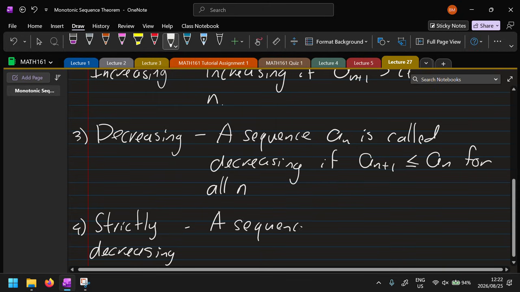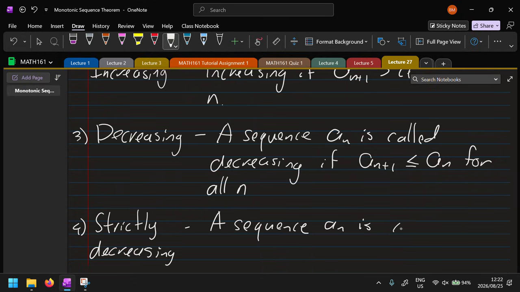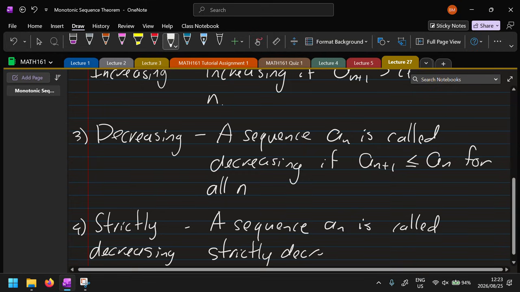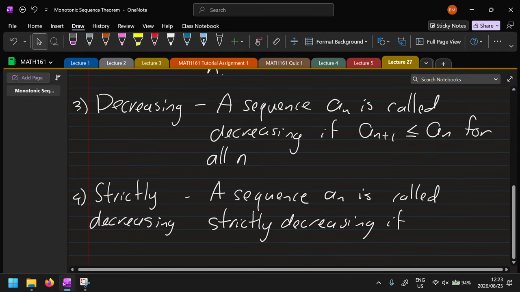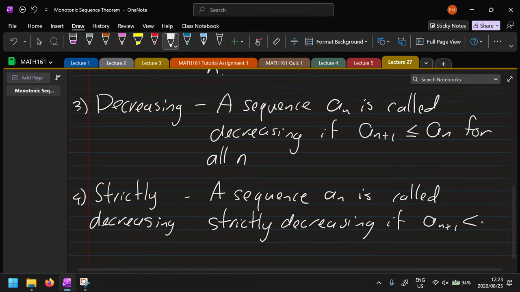A sequence a_n is called strictly decreasing if, very similar to the other case, a_(n+1) is smaller than a_n, and it can't be equal.